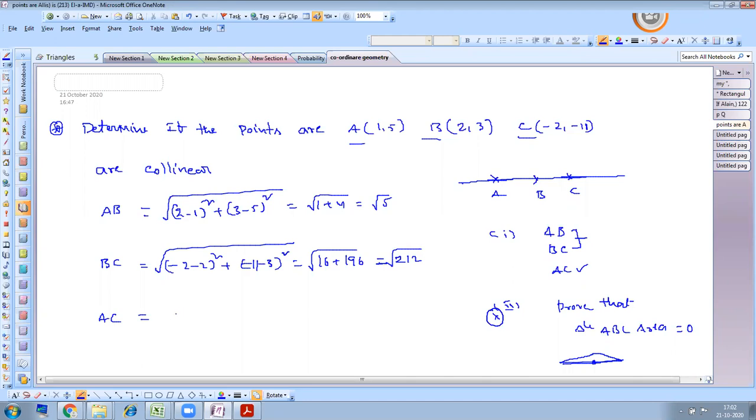What is the AC value? (Minus 2 minus 1) whole square plus (minus 11 minus 5) whole square.